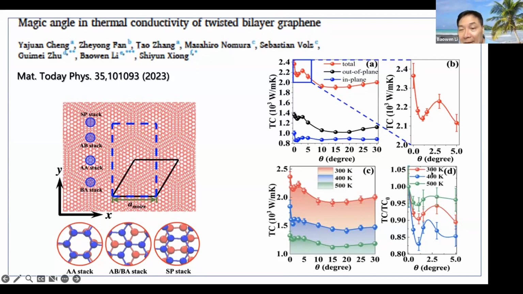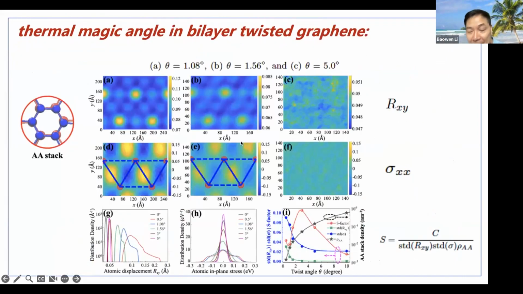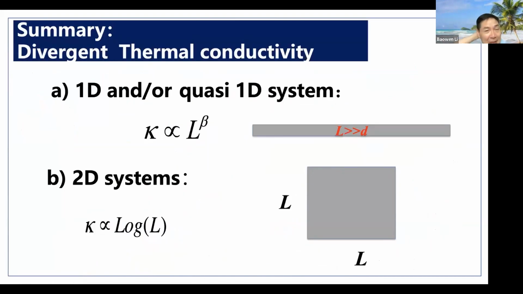And it doesn't change when you change the temperature from room temperature to 400 Kelvin to 500 Kelvin. So I'm thinking about doing this experiment to prove that. This can also be explained by scattering of the phonons, because the twisted graphene induces some stress redistribution.